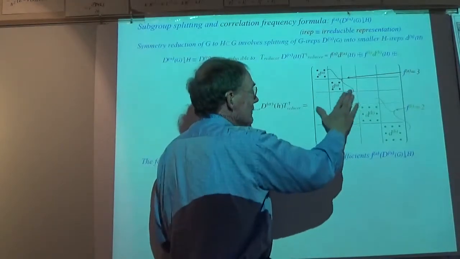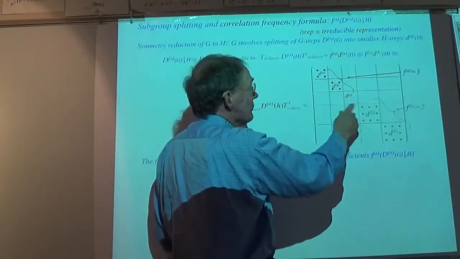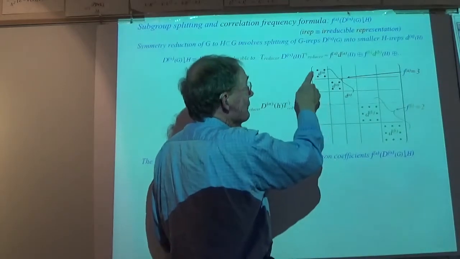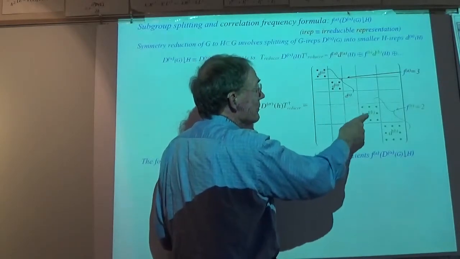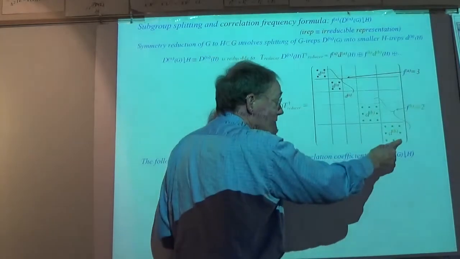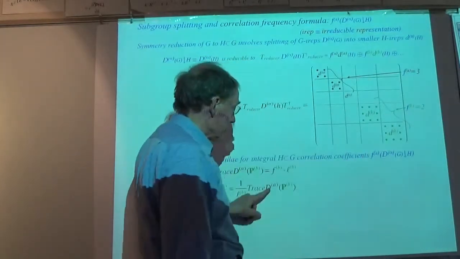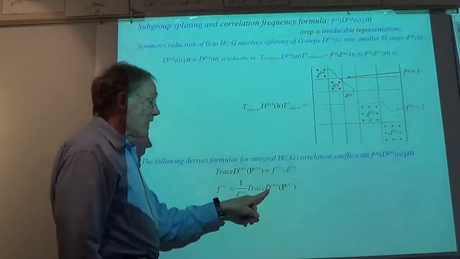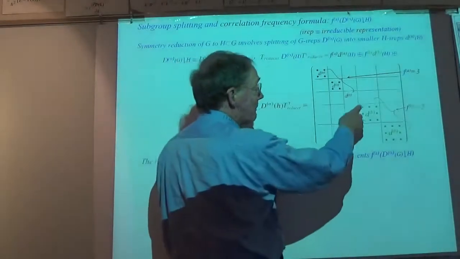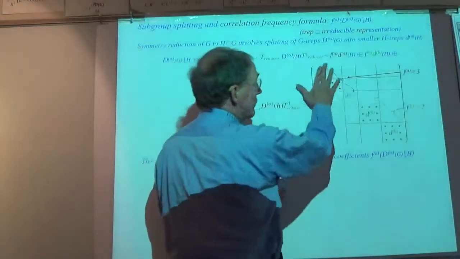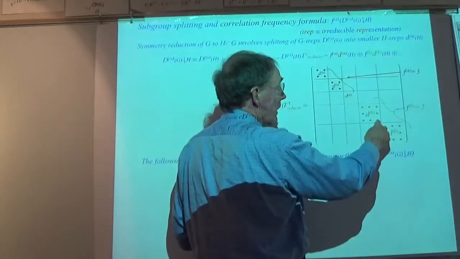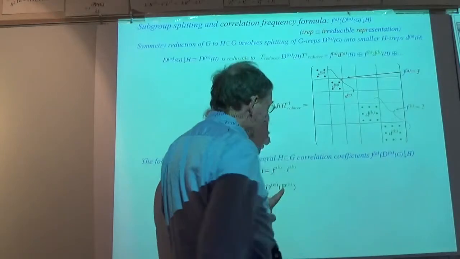If this was here and there wasn't anything else, I've got a dimension of 2, 4, 6, plus 3 is 9, plus 3 is 12. So this is a 12 by 12 matrix right here, and it's got in it a projection operator of the B. It gives me 0 here and gives me 3 plus 3 is 6 there.